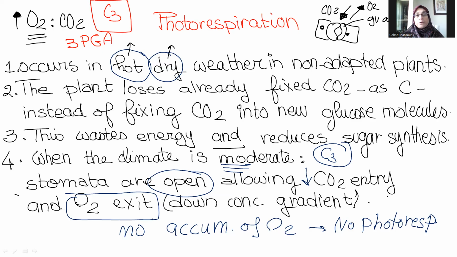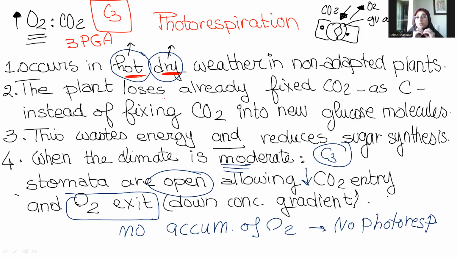These represent the majority of plants, and these plants are not adapted to living in hot, dry weather. So what they do is close their stomata not only during night, but during daytime. Of course, I'm talking about partial closure.